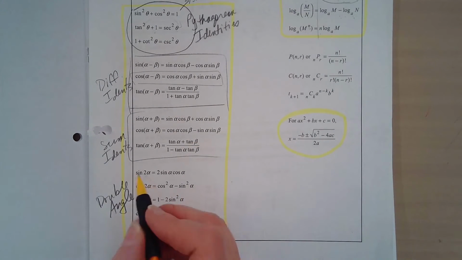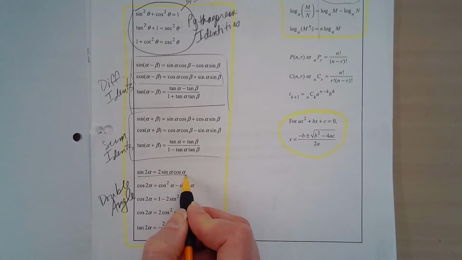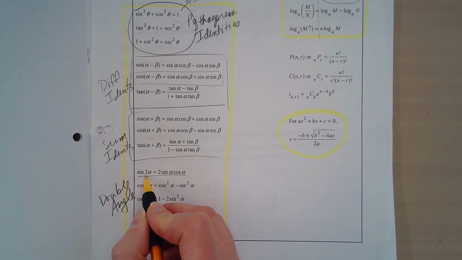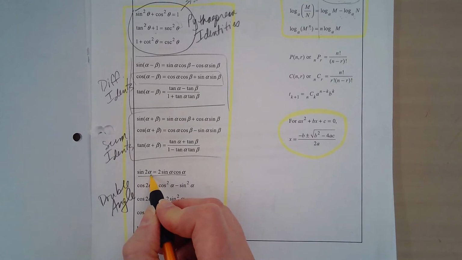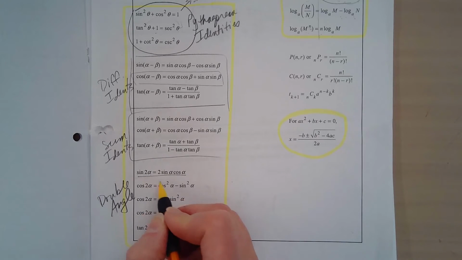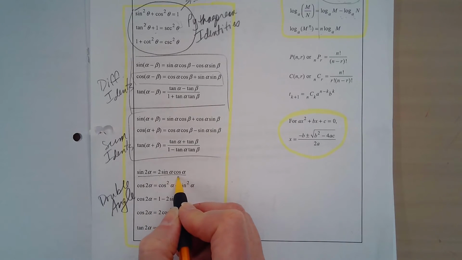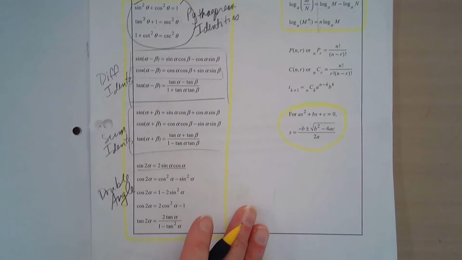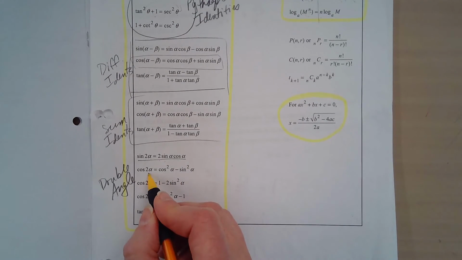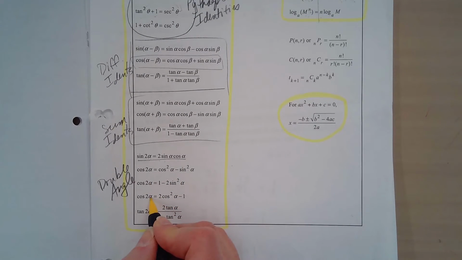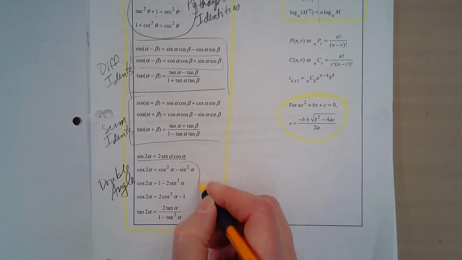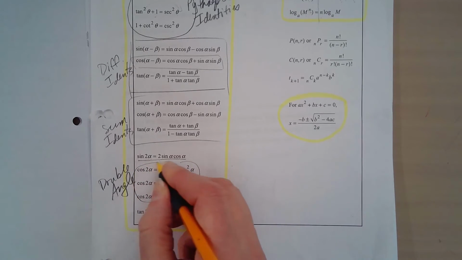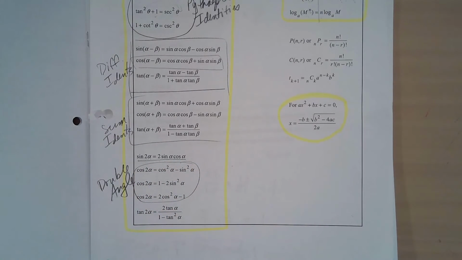Something interesting happens here. There's a sine double angle. Sine of 2 alpha, or 2 theta, or 2 beta, equals 2 sine alpha times cos alpha. So that's interesting. Cos double angle, cos double angle, cos double angle. That means there's 3 different forms that the cos double angle can take.